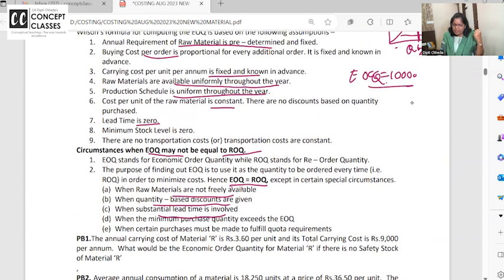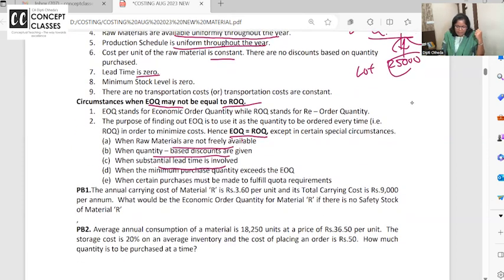Deepti ma'am said buy EOQ, but when you went to the wholesale market, Begum Bazaar, they said no, the lot size is 25,000 pieces only, you won't get less. So if the minimum purchase quantity exceeds EOQ, we cannot buy EOQ. We need to buy extra and keep extra. So these are all assumptions.